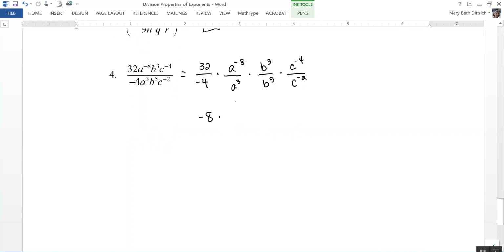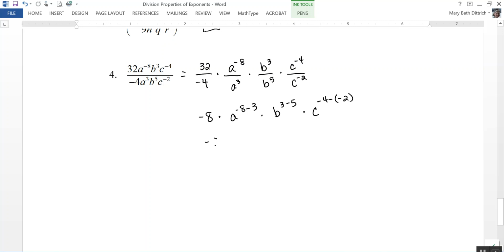I'm going to use the subtraction property on the rest of these. So a to the negative 8 minus 3 times b to the 3 minus 5 times c to the negative 4 minus negative 2. Be careful, it's not negative 4 minus 2. It's negative 4 minus a negative 2.